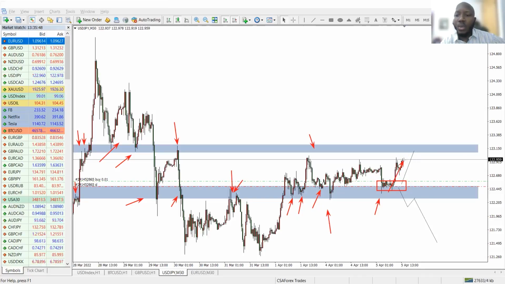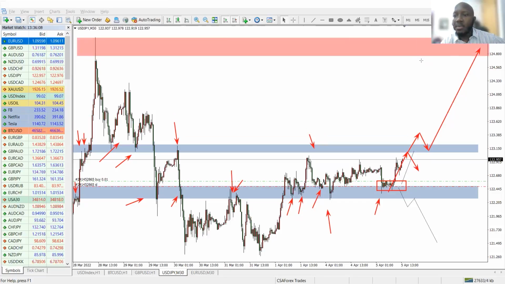As it's pushing higher, what I'm looking out for now is a test of this other flip zone here, to find out whether it's going to bounce or break. Use this as a launching pad for buyers at support and then push higher. Pushing higher means this is going to be my final take profit area.